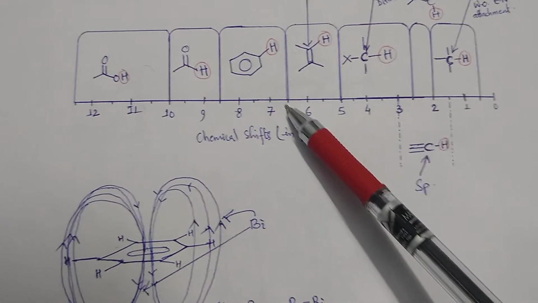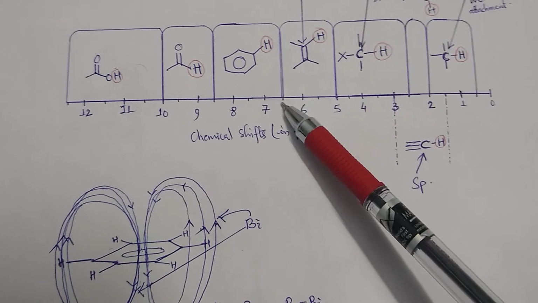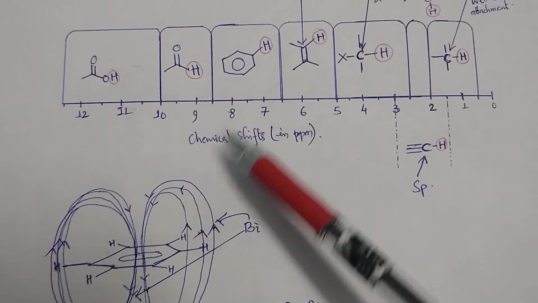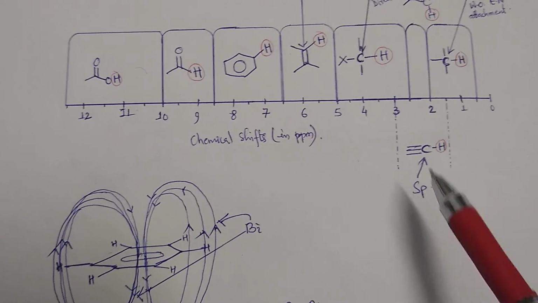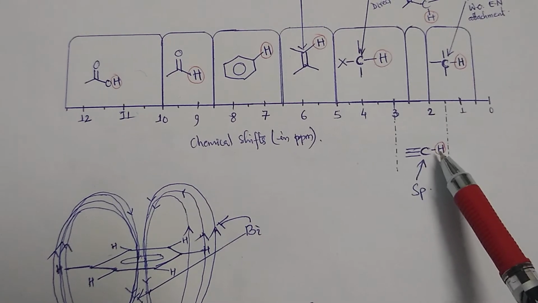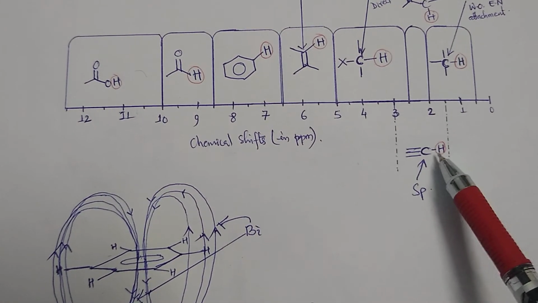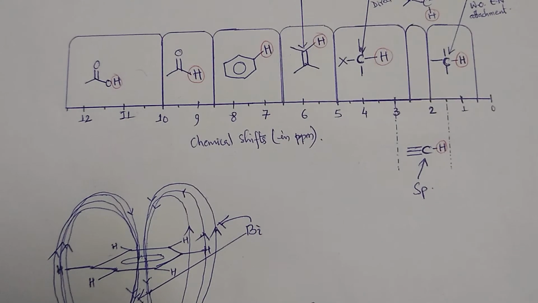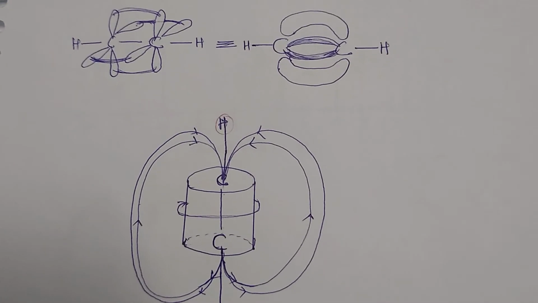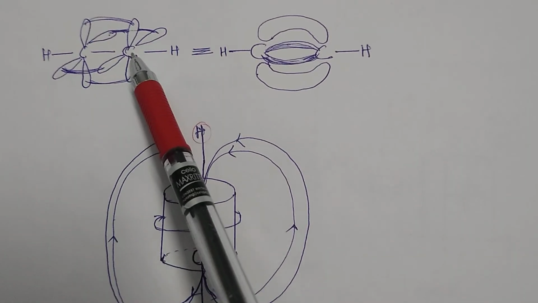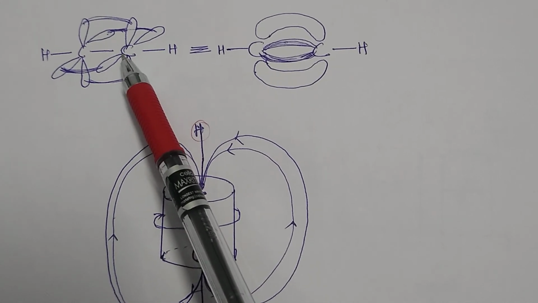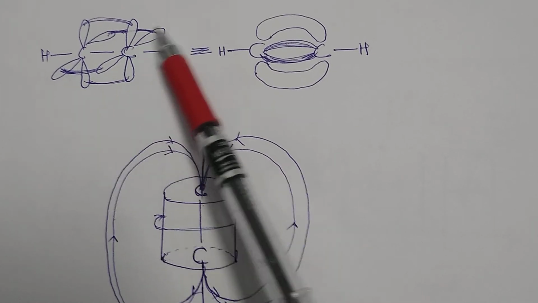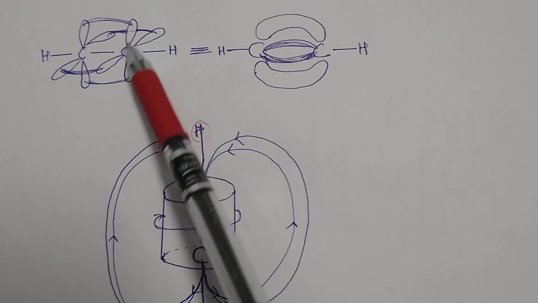This is how we define the anisotropic effect of the benzene ring's proton. That's why its chemical shift lies from 6.5 to 8.5. Similarly, we can consider the carbon triple bond with the attached proton, using the acetylene molecule like this. Here this carbon and this carbon are both sp hybridized, and they have unhybridized lobes which are perpendicular to each other.